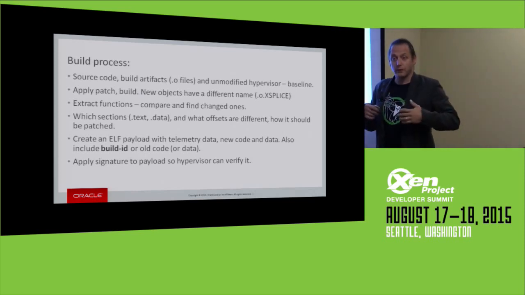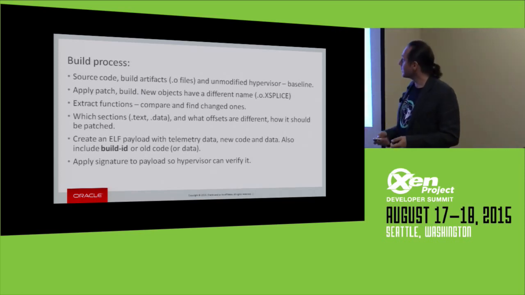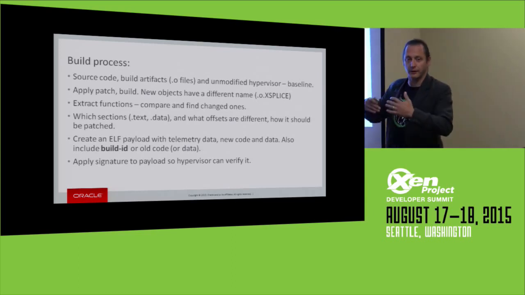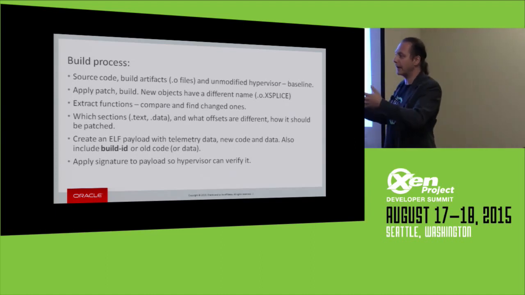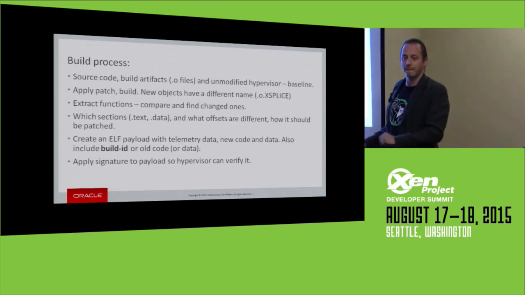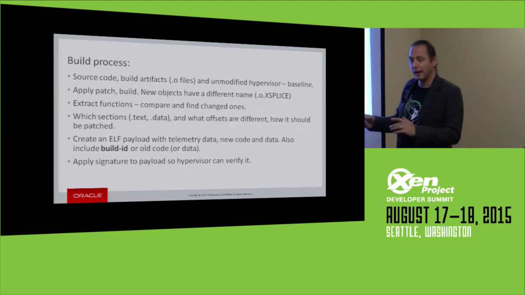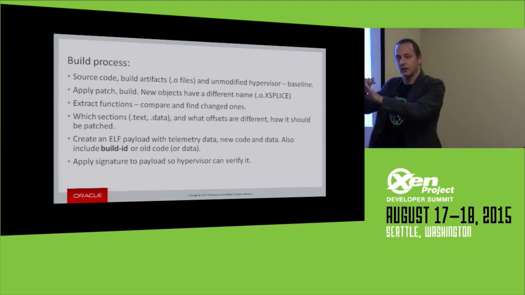There are also things that have to be done to actually make this work when it comes to generating this hot patch. One process that makes it much simpler is you first build the source without the patch, get the binary out of it, and save it. Next, you apply the patch, build the same thing, and again save it.